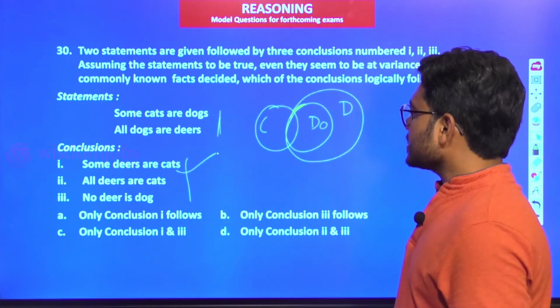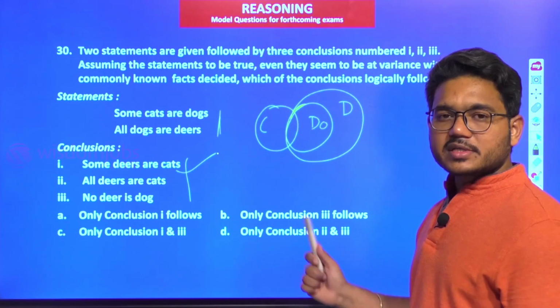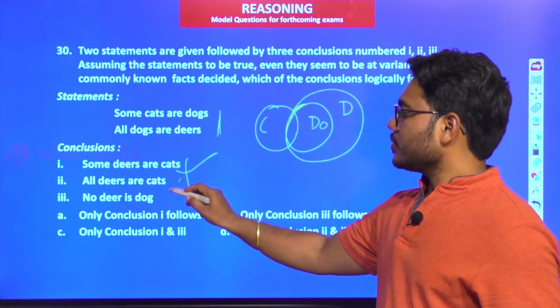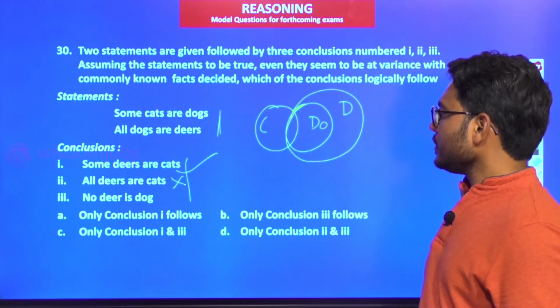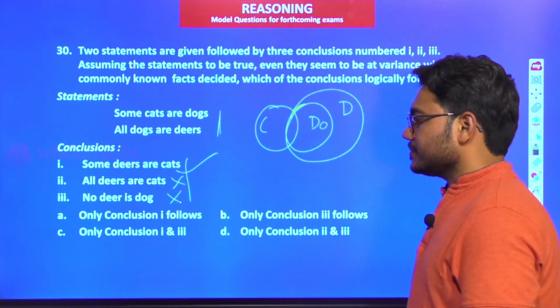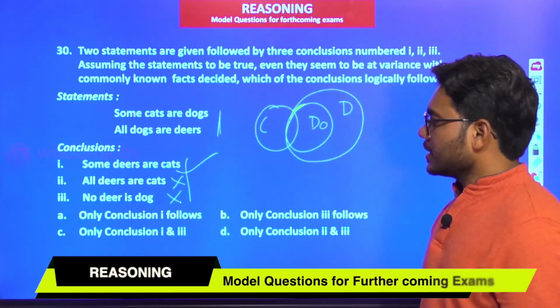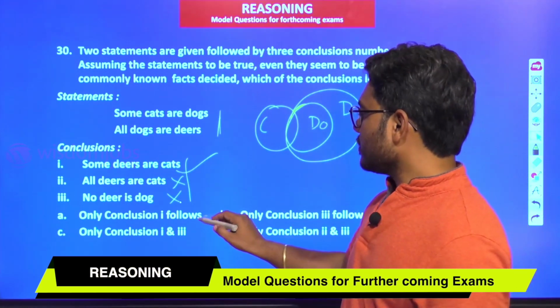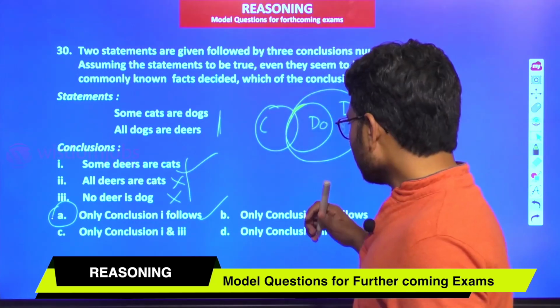Then all deers are cats. It is not possible from this inference. No deer is dog, which is also not valid here. So what follows here? Only conclusion 1. So our answer is only conclusion 1 follows.